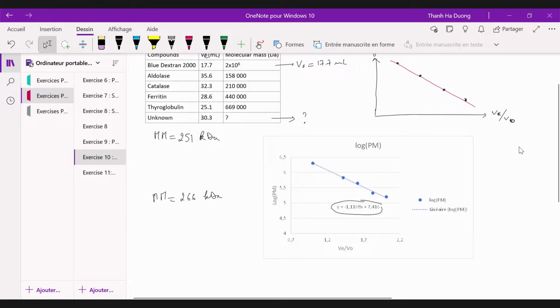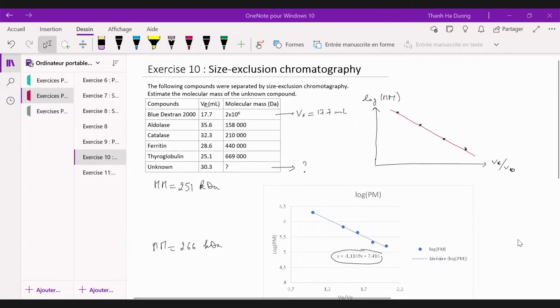So mind that the smaller protein will elute slower and the bigger protein will be eluted first.